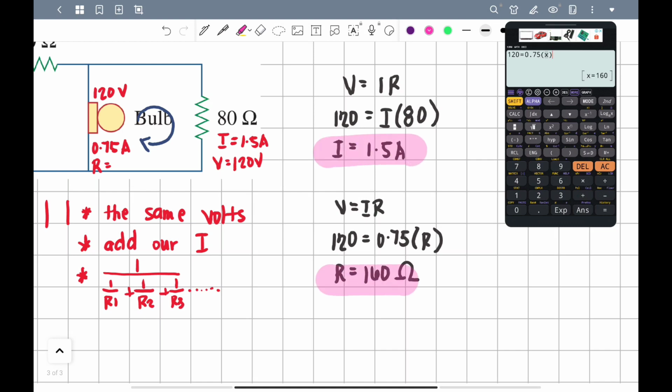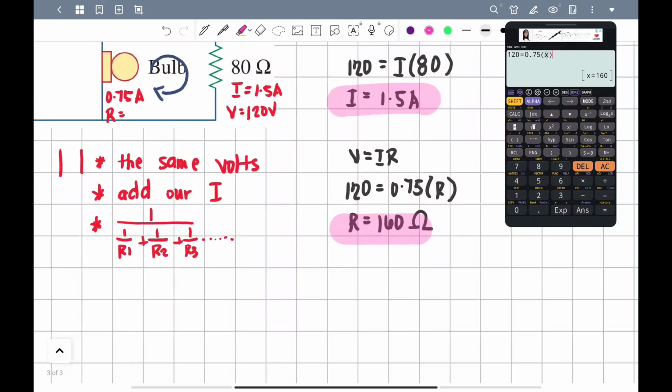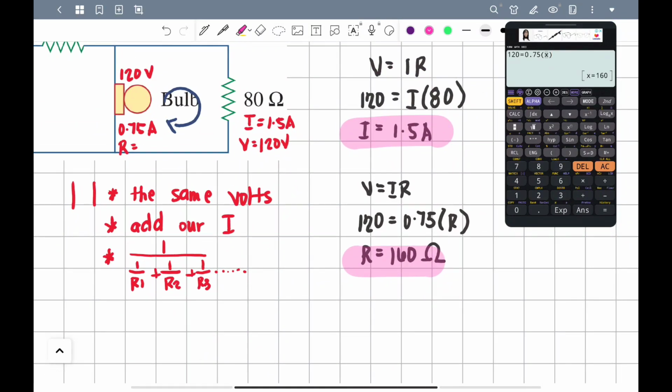As what I have said, in computing for our currents or I in parallel conditions, we are just to add these things. Okay, so we have here 0.75 in our bulb, and in our given 80 ohm resistance we have 1.5.